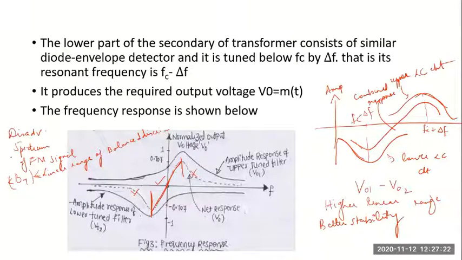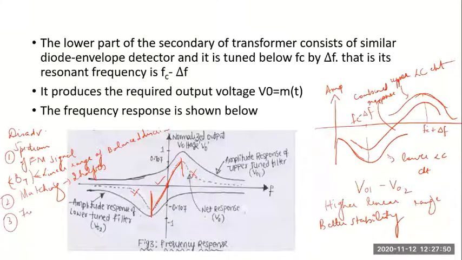So please understand the three disadvantages are, first of all, the bandwidth of the FM signal should lie within this linear range of operation. Second is the matching between the two halves. The upper half and lower half, the upper tuned circuit and lower tuned circuit, to be perfectly matched.